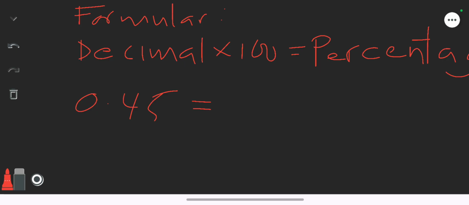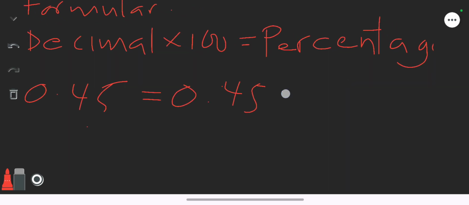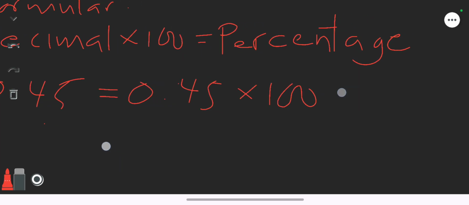First thing you want to do is multiply the decimal by 100, as the rule says. So 0.45 multiplied by 100 is equal to 45%.